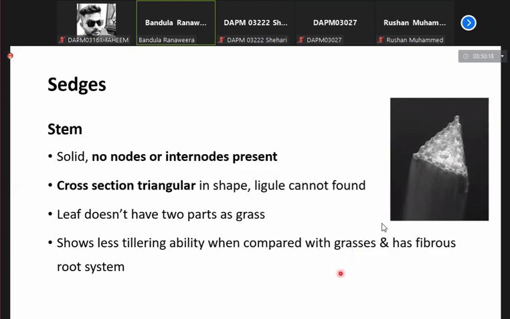And the root system is similar to the grasses, a fibrous root system. So the main characteristics to differentiate sedges and grasses are the solid, triangular stem, with no nodes or internodes available.